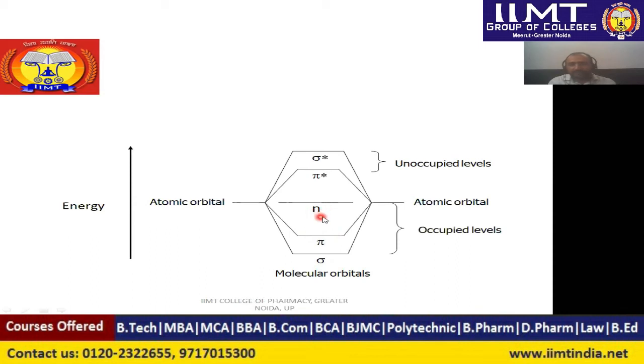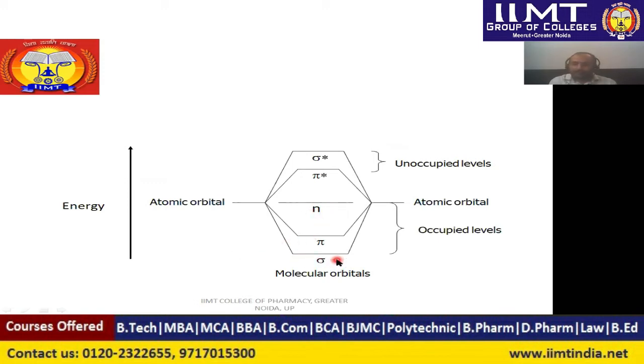And n is basically the lone pair of electrons present on a particular atom, which either take part in a bond or remain on that atom. Like in the case of oxygen, we have lone pairs. One or two might share in a bond, but one lone pair is already there on the oxygen atom, so that will be known as an n orbital.